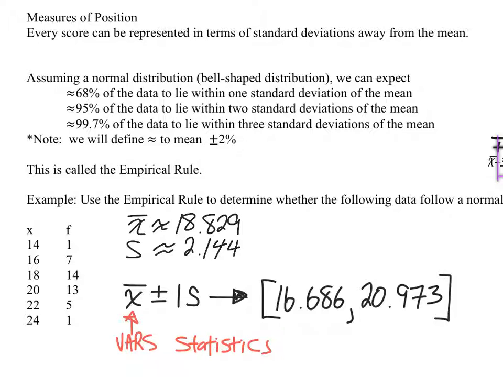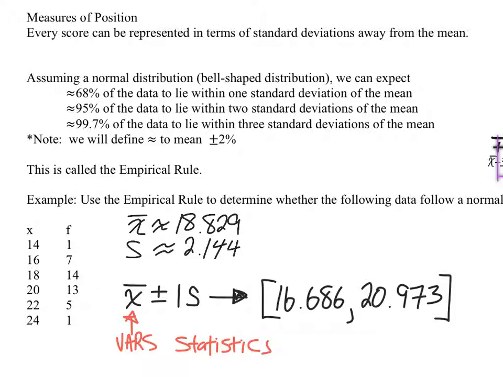Okay, so what I need to do is determine if about 68% of the data falls in that interval. So I'm just going to count up the number of values that fall between 16.686 and 20.973.